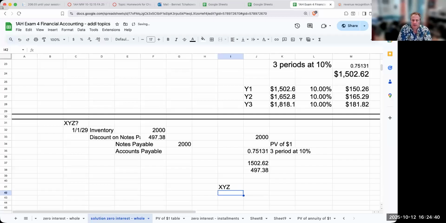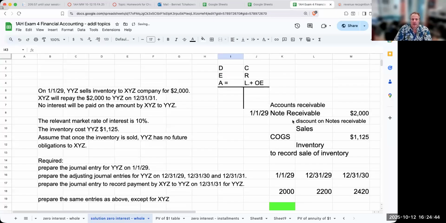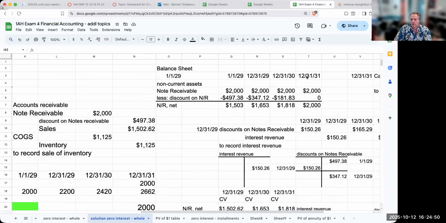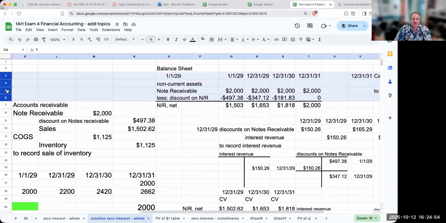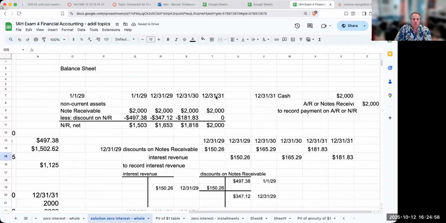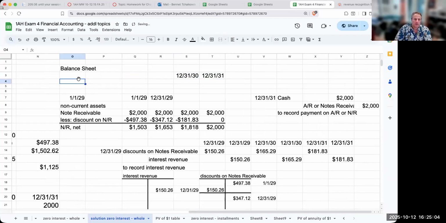So XYZ balance sheet. And by the way, really quickly, if I'm looking at this balance sheet over here for this part, essentially by this point in time, I'm glad that I caught myself because this is not necessarily correct, because when we get over here and are doing our balance sheet at this point, this is going to become a current asset.